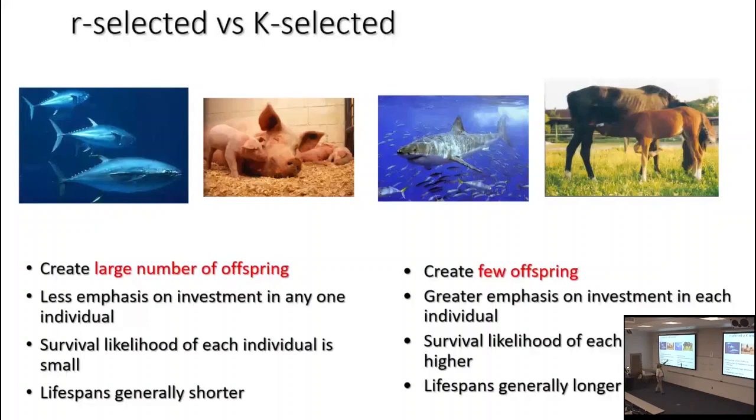Examples of this would be many types of sharks. They have a lot fewer offspring than ray-finned fish. Or among, say, the hoofed mammals, the approach that horses use or elephants use. Typically only one or two babies at once, not the big brood of babies that pigs have.